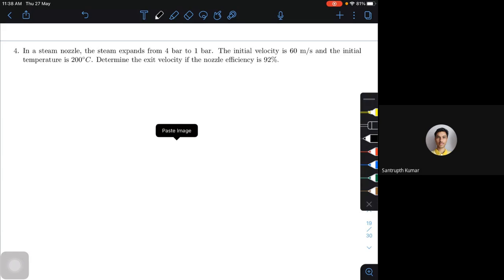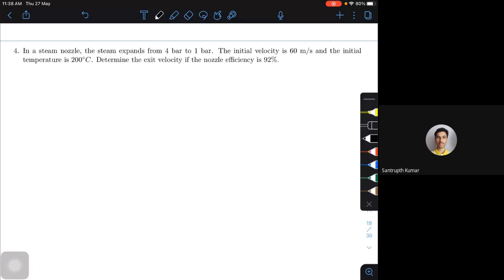Determine the exit velocity if the nozzle efficiency is 92%. This problem can be solved using either steam tables or Mollier chart. Both can be tried. What is more important is how to get it on your HS diagram.